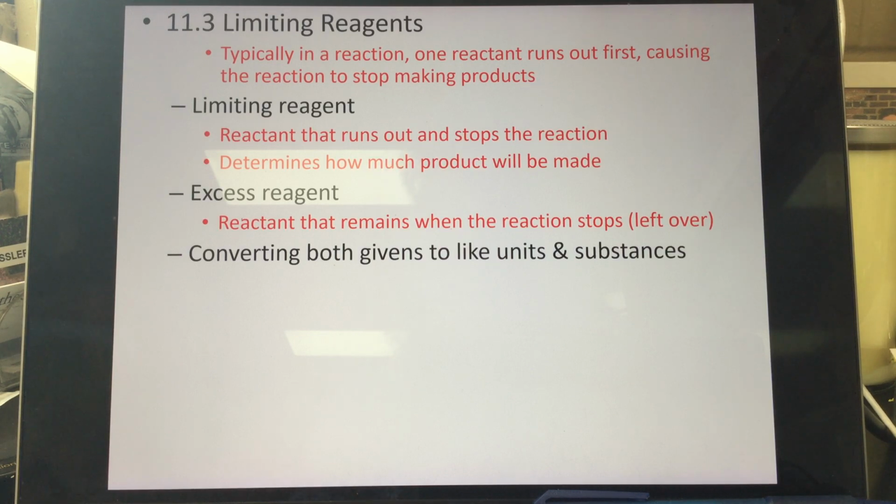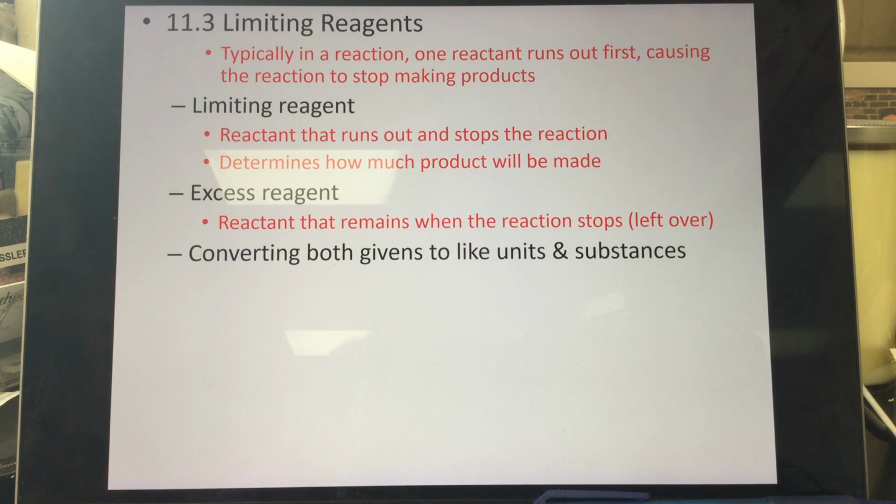So what's different about these problems and the problems that you've done before is that you're going to be having two givens. So in all the other stoichiometry problems we've done up to this point, you had an amount, whether it's in grams, particles, or liters of one reactant, and then it said you had excess of the other reactant.